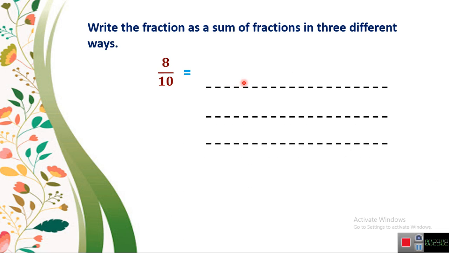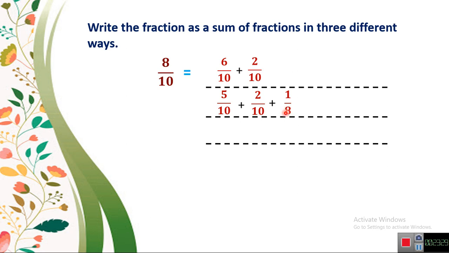Okay, let's have them. Let's see. If yours is the same as mine, 6/10 plus 2/10. Yes, this is one way of decomposing 8/10. What could be the other way? 5/10 plus 2/10 plus 1/10. I'm sorry, this should have been 10.